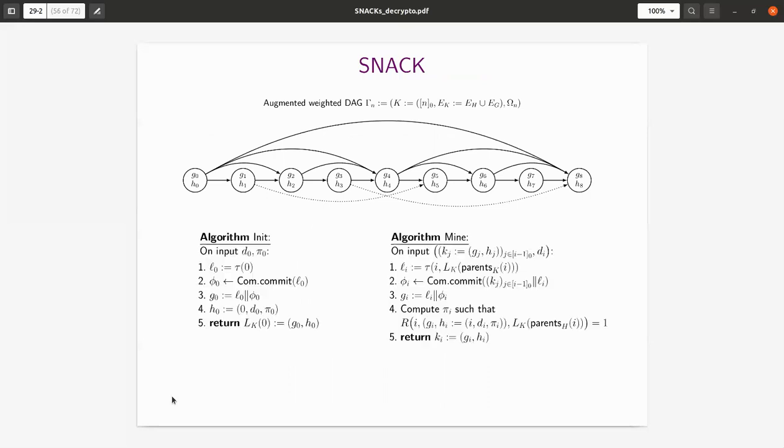So this is the graph. How do we calculate it? This is the algorithm. There's an initialization phase that deals with the genesis block. We can just leave it aside and look at the mining algorithm now.